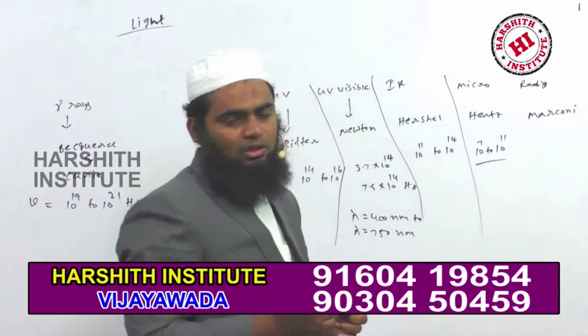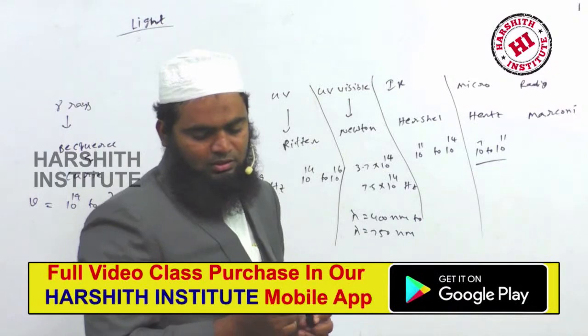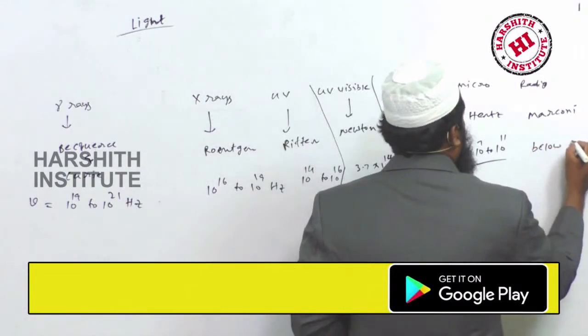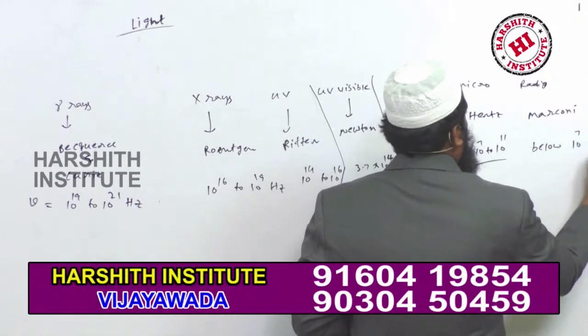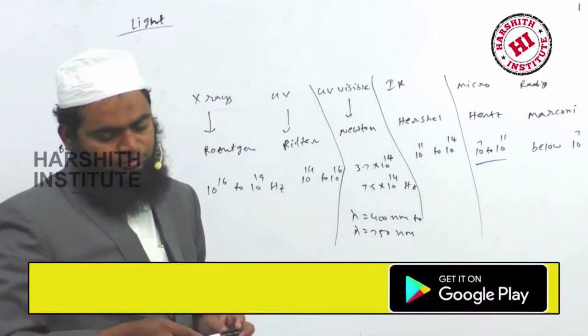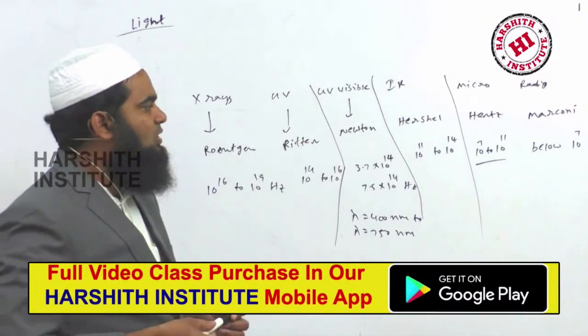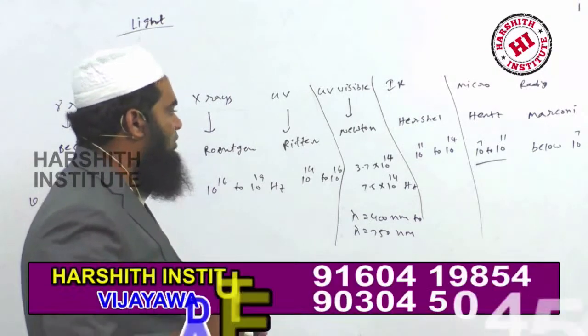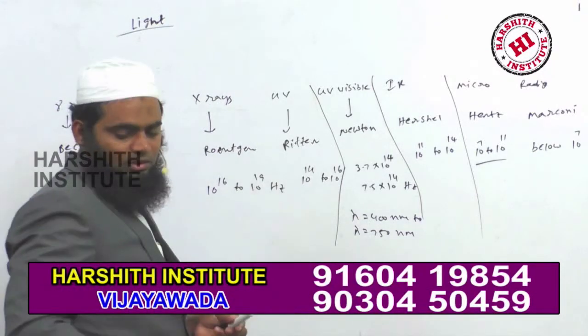Next, radio waves contain below 10 power 7 Hz. So this is the frequency. If you want the wavelength, it will convert to different values.